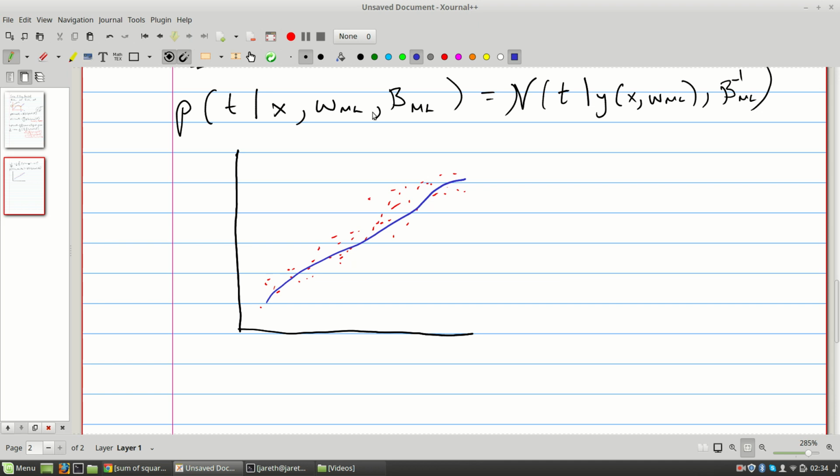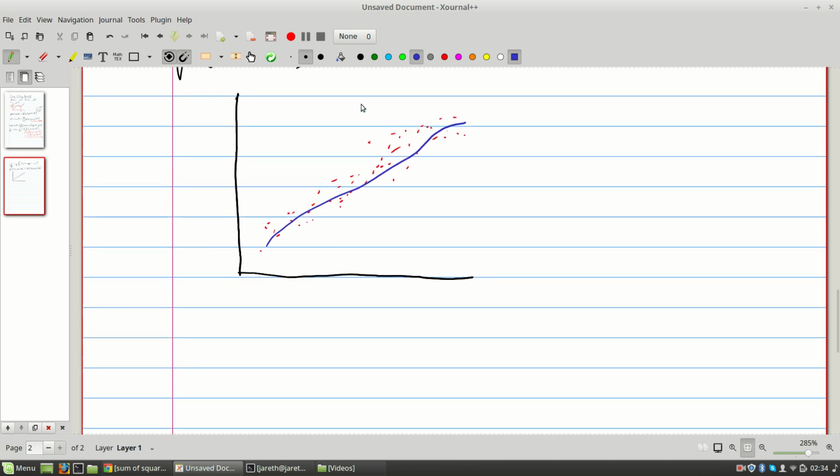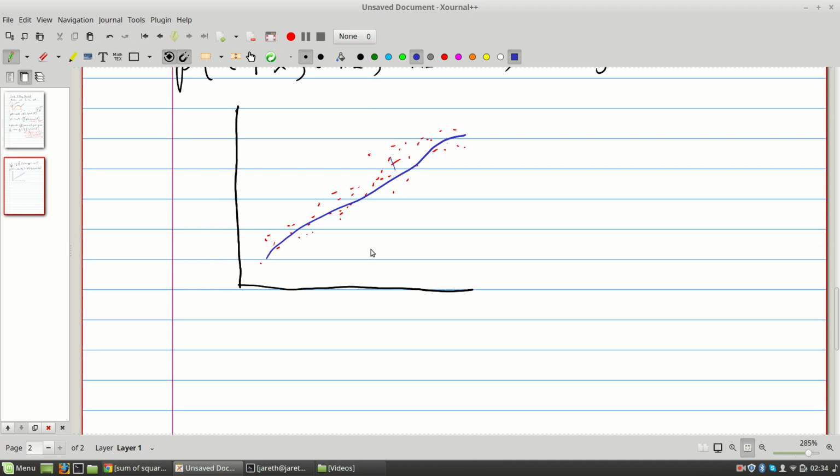This is the question that we're asked. The answer to that would be, okay, this is our x, this is our t. Well, we come over here.